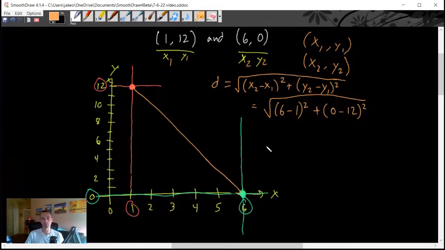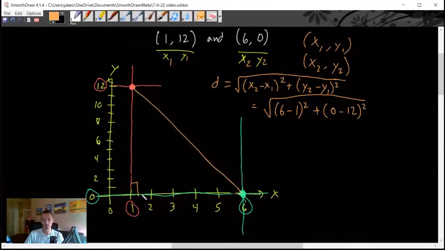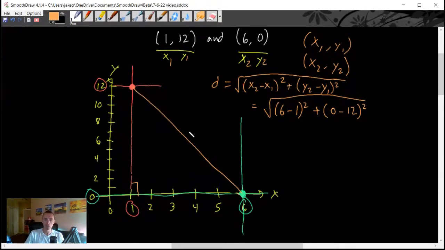Really where this comes from is the Pythagorean theorem, which says that if you have a right triangle, like you can see here with these side lengths, well, let me take a step back for a second.